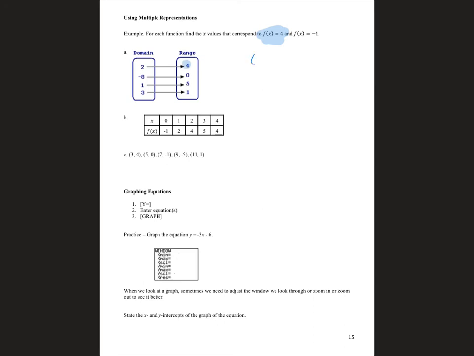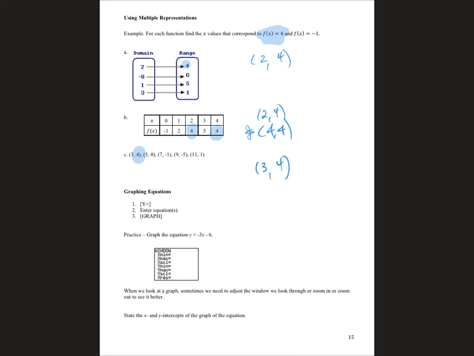The output is 4 when the input is 2. In the table, the output is 4 two times. Okay, in this one, the output is 4 when the input is 3.